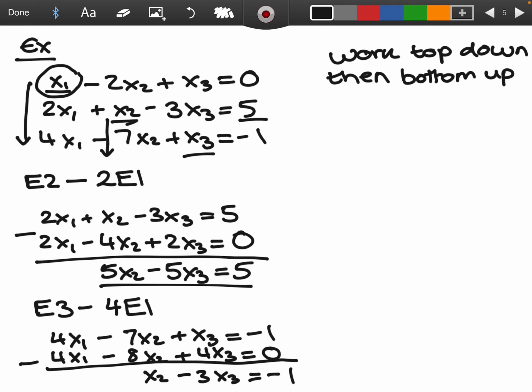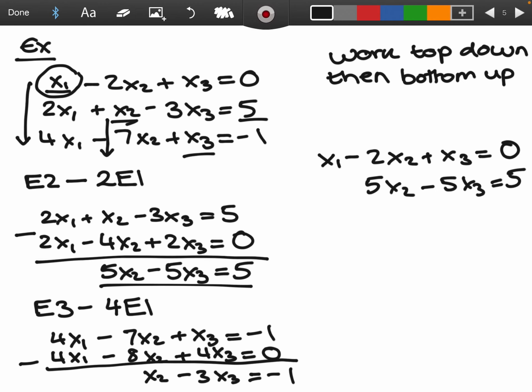So now in my system of equations, I've still got x1 in my first equation, but I'm now replacing my second equation with 5x2 minus 5x3 is equal to 5. And then my third equation gets replaced by x2 minus 3x3 is negative 1.